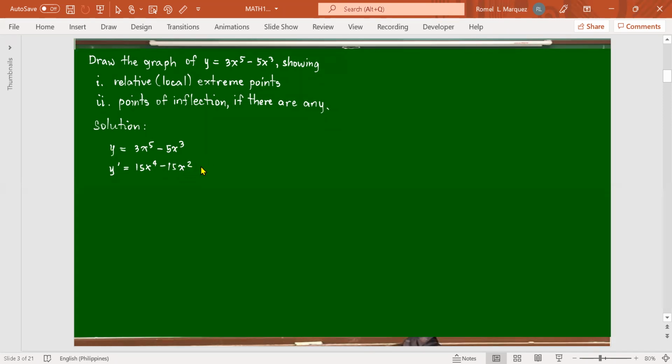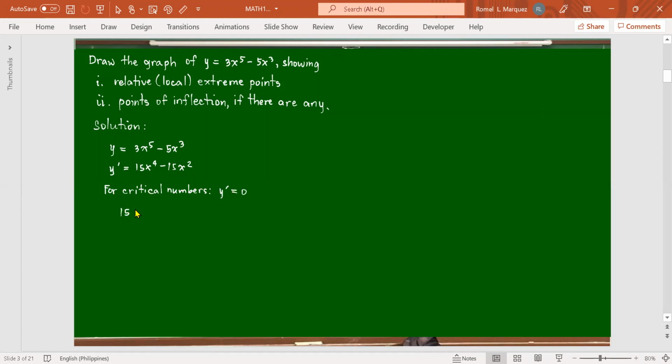So we're going to determine the critical numbers. For critical numbers, we equate y prime to 0.